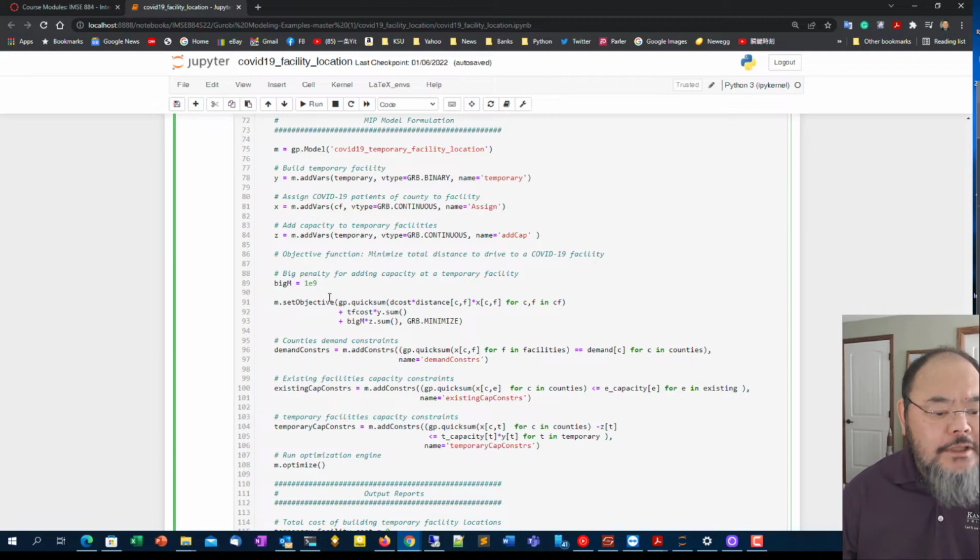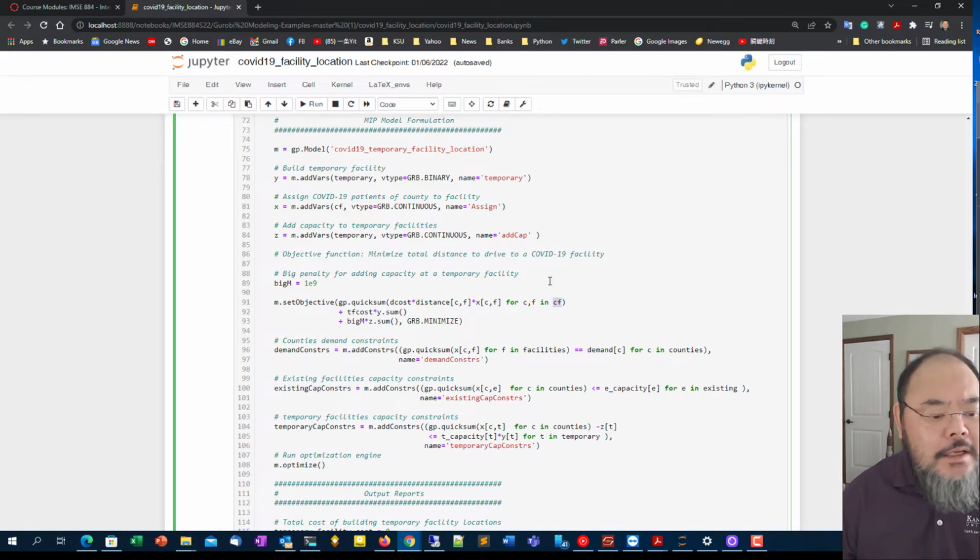Set up our objective function, which has actually 3 parts. The first part is the distance times the cost of traveling times the XCF, where XCF is the population actually covered from county C to facility F, for C and F in the CF matrix.